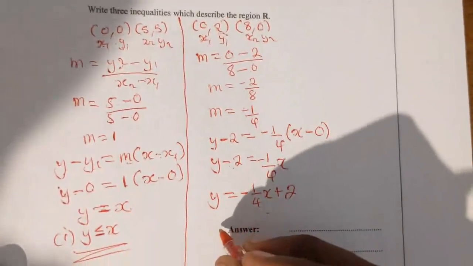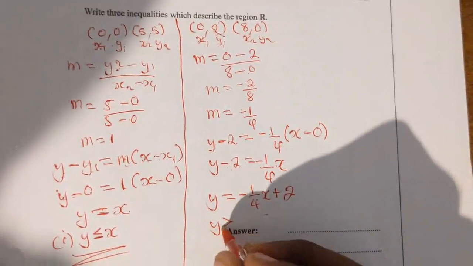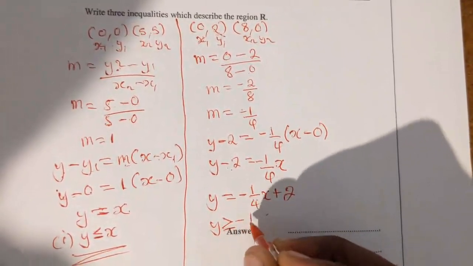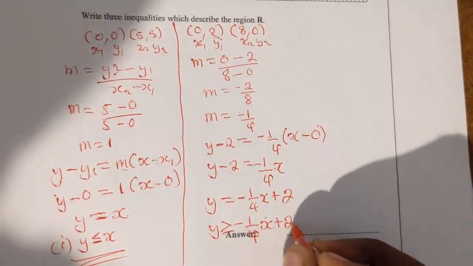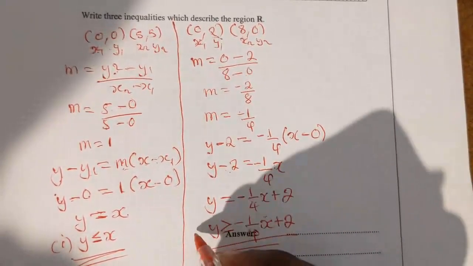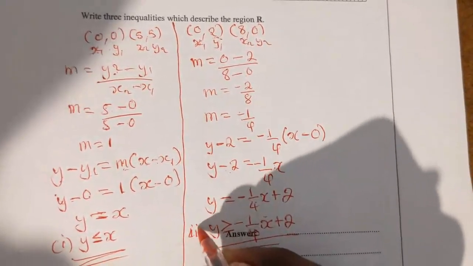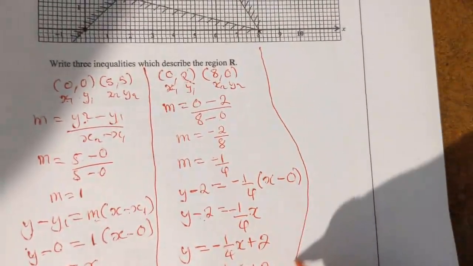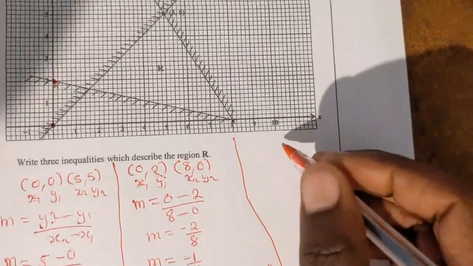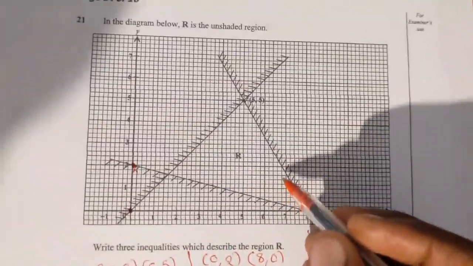So you say y is greater than or equal to negative 1 over 4x plus 2. So this is the second inequality.